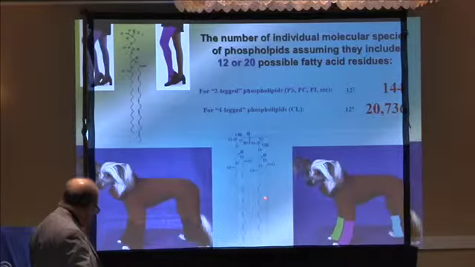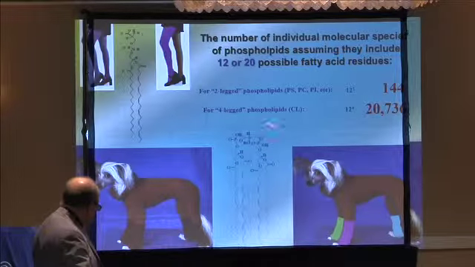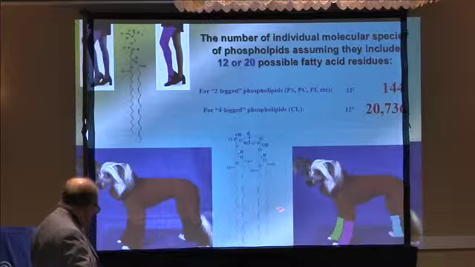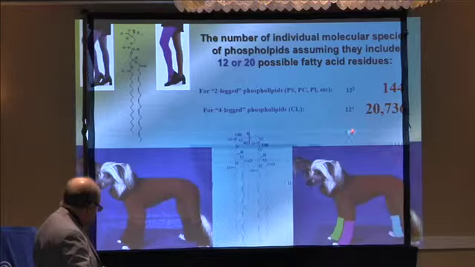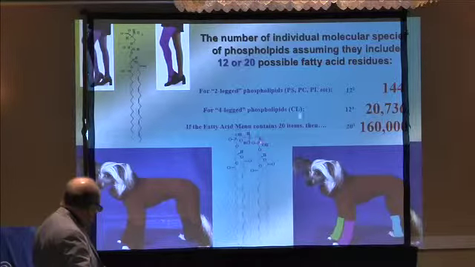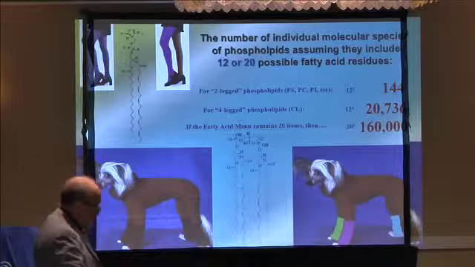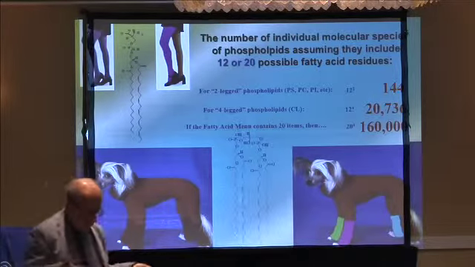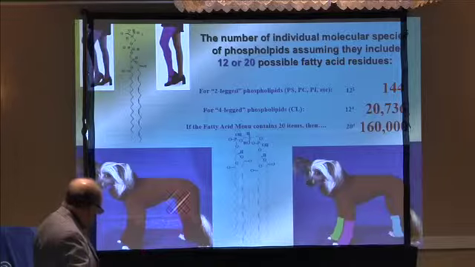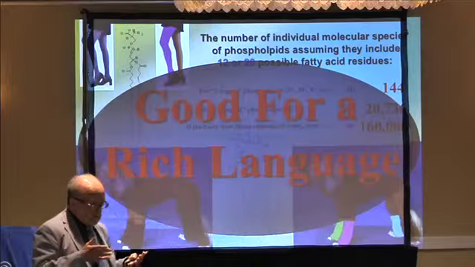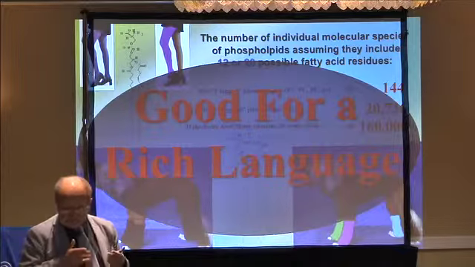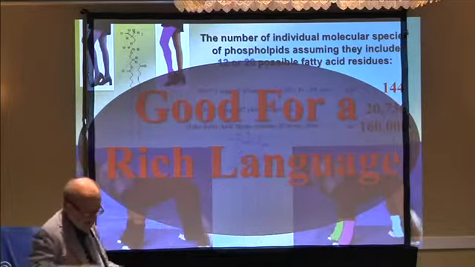Now if you have a different type of phospholipid with 4 legs, and all 4 are different, with only 12 fatty acid residues that comprise these fatty acid tails, you're talking about tens of thousands of species. And if you take 20 fatty acid residues, you are now talking about hundreds of thousands of molecular species of lipids and phospholipids, particularly of cardiolipins. So this is good for a very rich, very significant, and highly diversified signaling language.